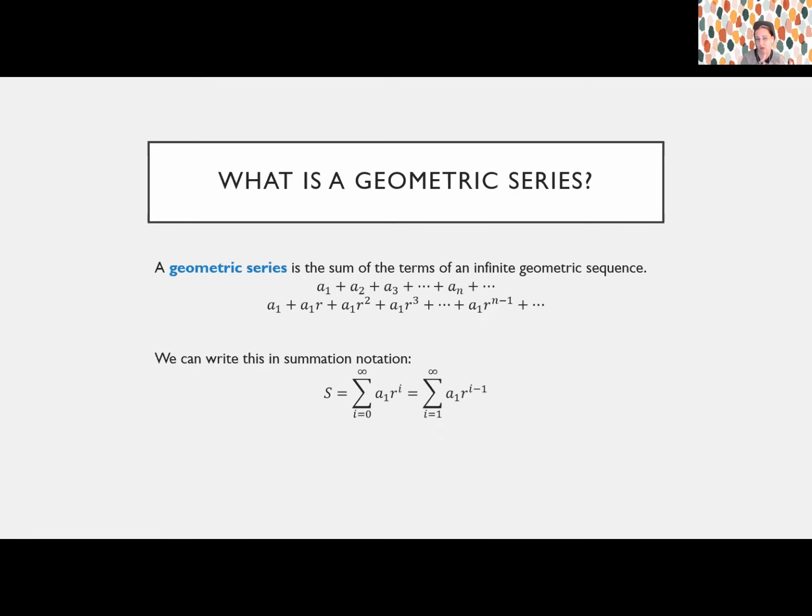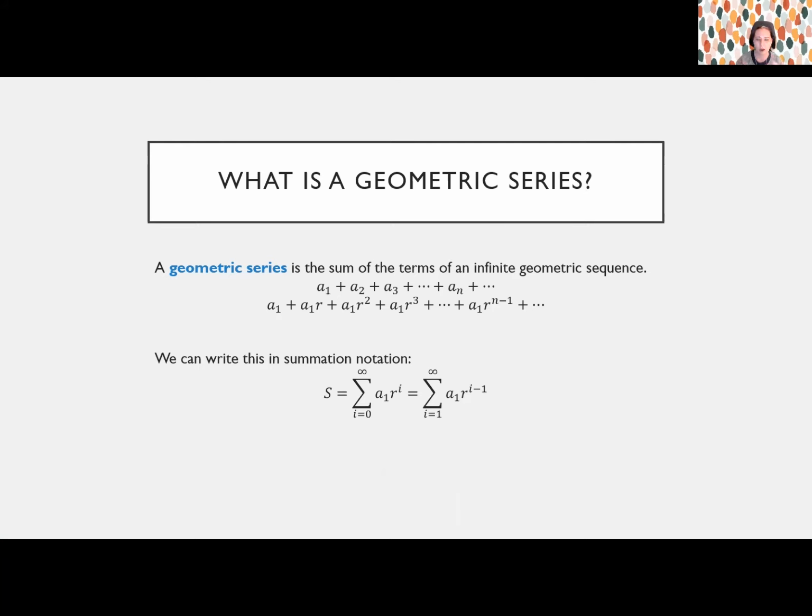So we can have finite geometric sequences where they end, and then we can have infinite where it doesn't end. A geometric series is what we call the type that doesn't end. A series basically is a sum of a sequence, but we give the name geometric series specifically to the infinite version.